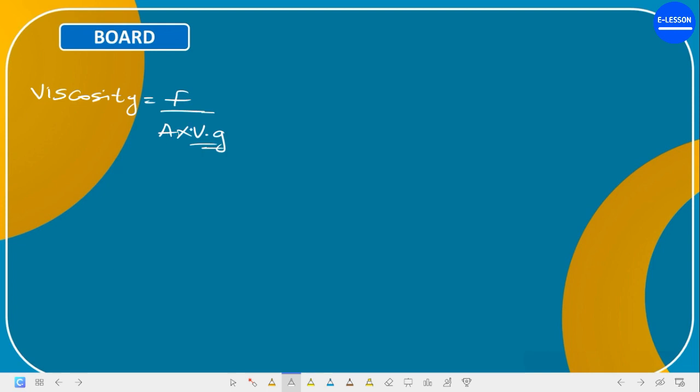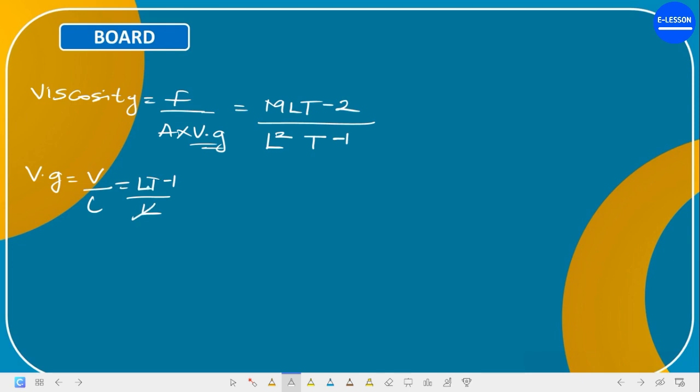Dimension for force, as we just said, is MLT^-2, all over the dimension for area, which is L squared, and the dimension for velocity gradient is T^-1. Why? Because velocity gradient is velocity all over length, and the dimension for velocity is LT^-1. Dimension for length is L. This cancels this, so you are left with T^-1 for velocity gradient. It's as easy as that.